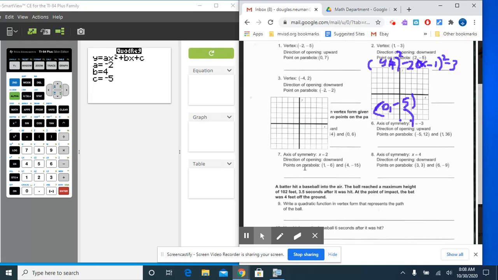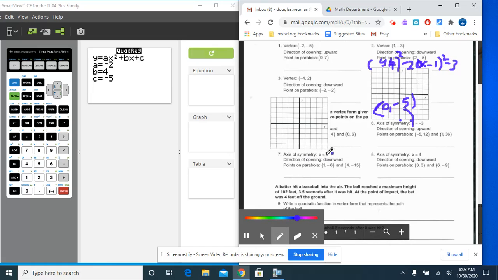But on these others, we're still going to find an equation, but we've got a little bit different information. So the axis of symmetry is 2. The axis of symmetry is that imaginary line that goes through the center of a parabola. It's opening down. That's important to know. So I know I'm going to have a negative. I have 1, negative 6, which is going to put me way down here somewhere.